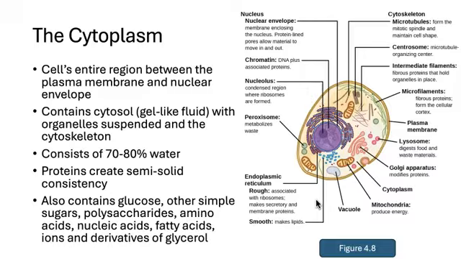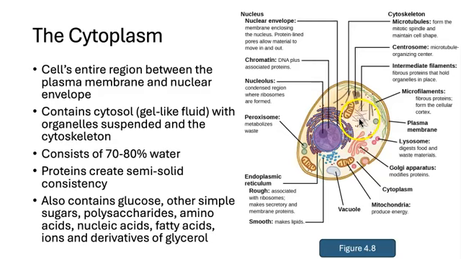Now let's talk about the cytoplasm. This is our cell's entire region between the plasma membrane and its nuclear envelope. So it's all of this in this area here. And it contains a cytosol or gel-like fluid with organelles suspended and its cytoskeleton.